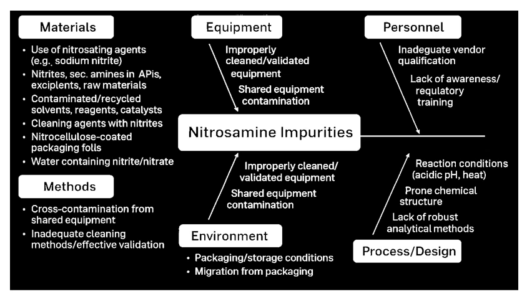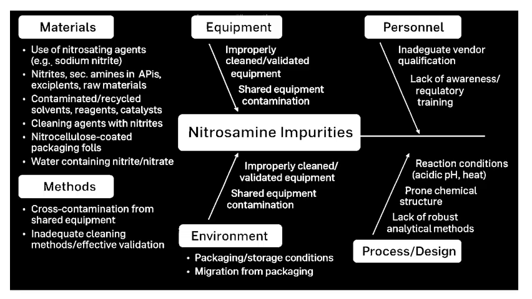Then these may come from the environmental conditions, packaging storage conditions, migration from the packaging may be a source for the nitrosamine impurities. Personnel: inadequate vendor qualification, lack of awareness and lack of regulatory training may lead to uncontrolled nitrosamine contamination.